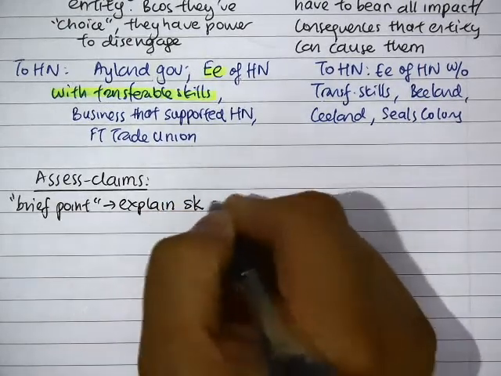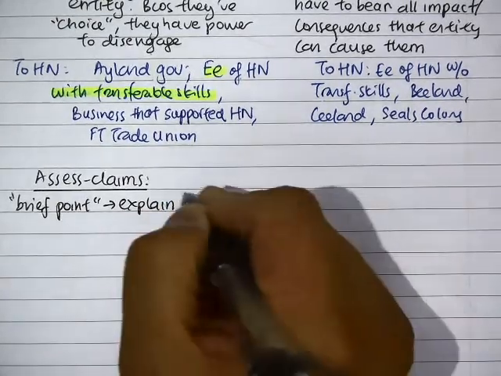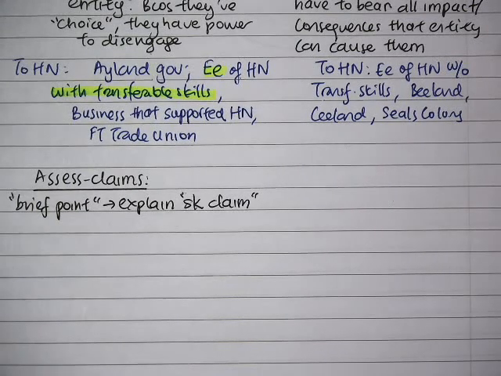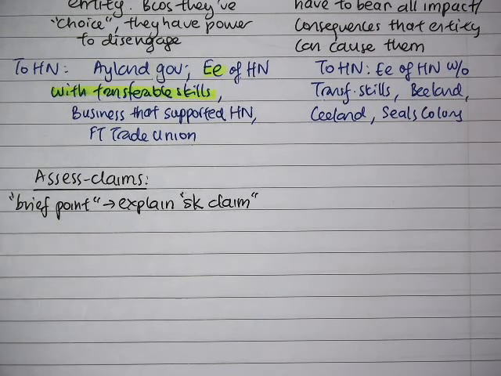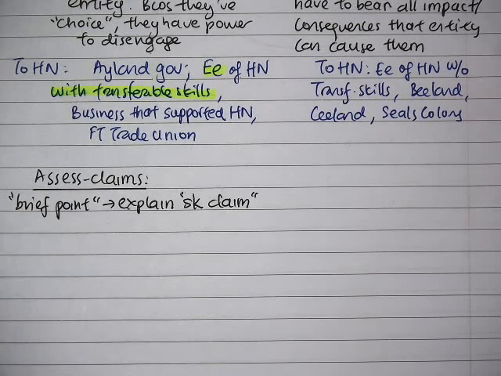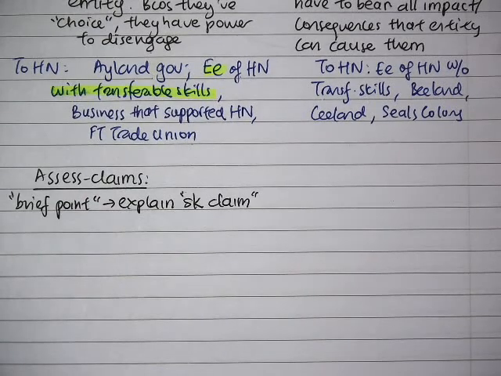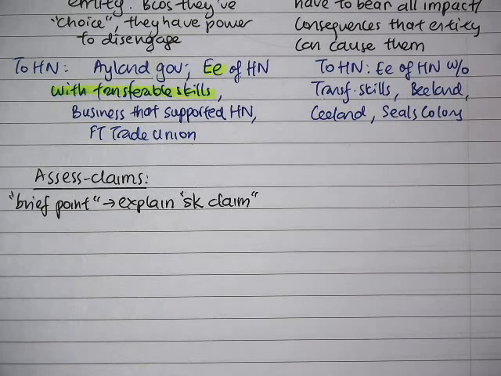Okay, so after you explain the difference, you gave the example from the case, then you must assess the claim. Okay, you must assess the claim. Now writing in full this one, I believe you can do it. Okay, so I don't want to spend so much time. Okay, you can read the answers also.